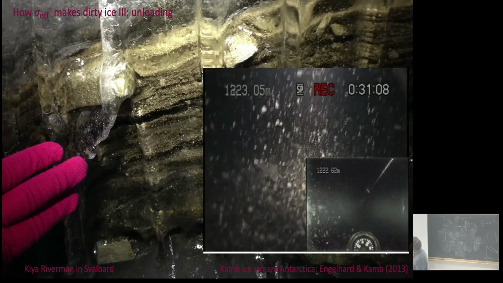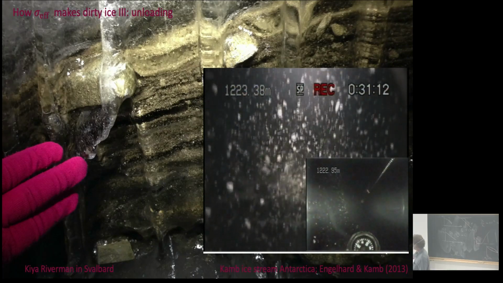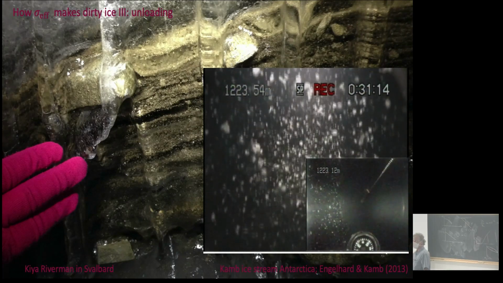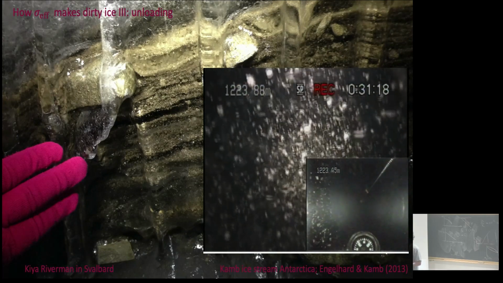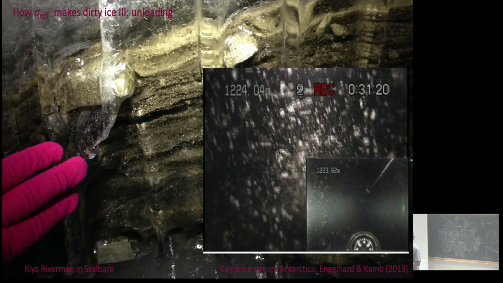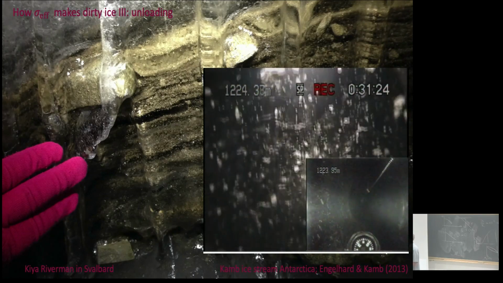This is in a cavity in Svalbard, in a glacier there. Again, these nice fine little layers. And it's just another way that ice and dirt can interact with each other, aside from frost heave and frozen fringe formation.